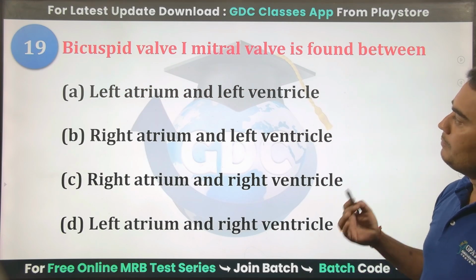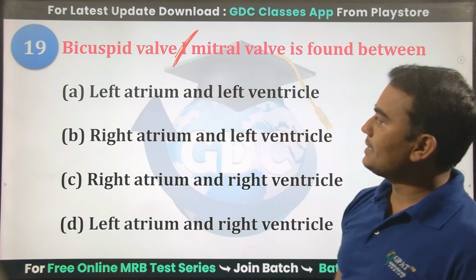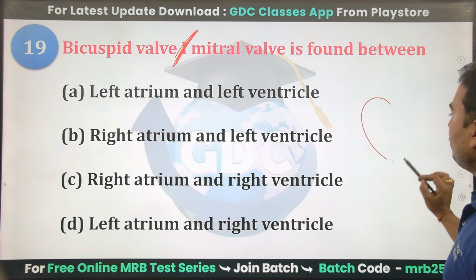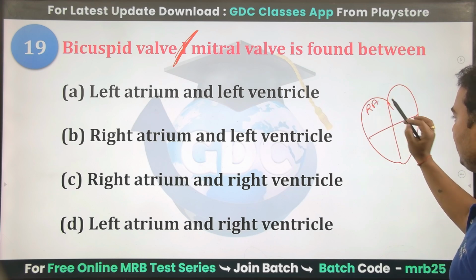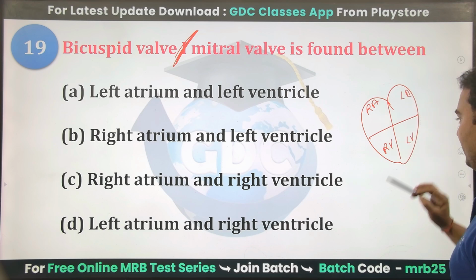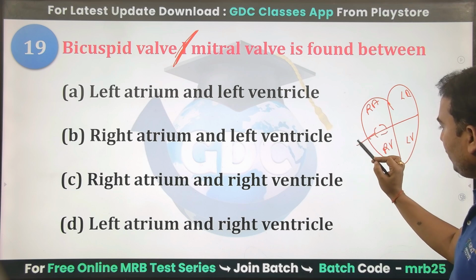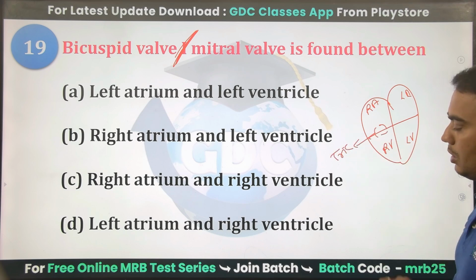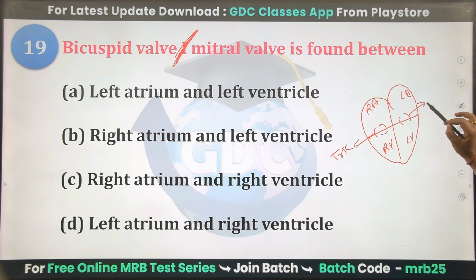The bicuspid valve, or mitral valve, is found in... we can see here the heart. Here we have the four chambers: right atrium, right ventricle, left atrium, left ventricle. Between the right atrium and right ventricle, we have the tricuspid valve, and between the left atrium and left ventricle, we have the bicuspid valve.